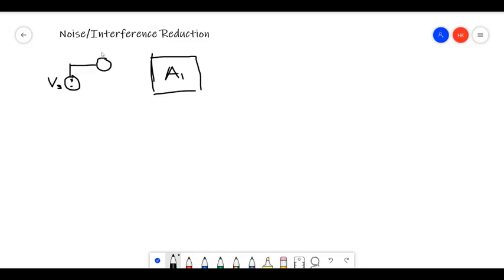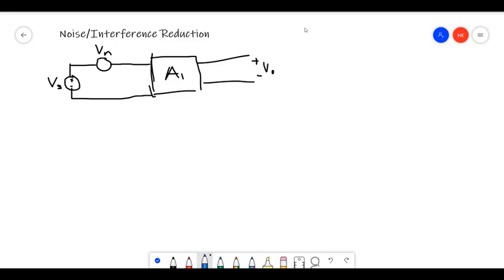Let's say that it is affected by a noise Vn here at its input, right? This will cause some problems in the output, as you know. So let's try to find the signal to interference ratio at the output.